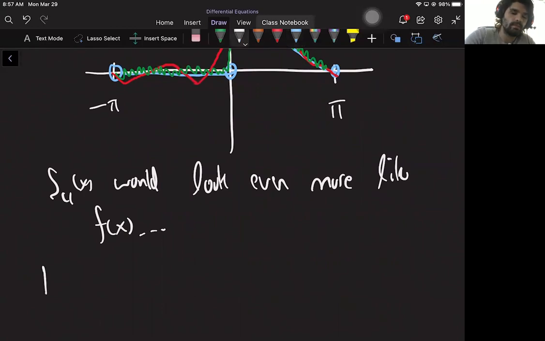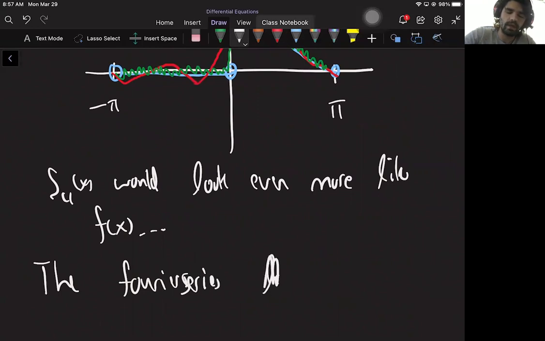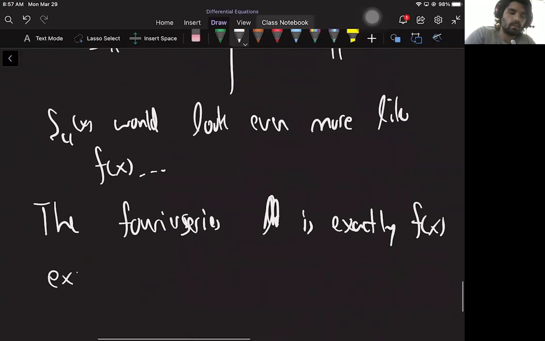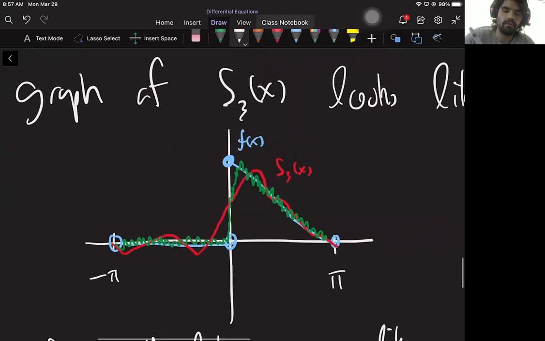the Fourier series is exactly the same thing as f of x, except where it jumps. So right here, where it jumps, it's never going to be up here where it's supposed to be.